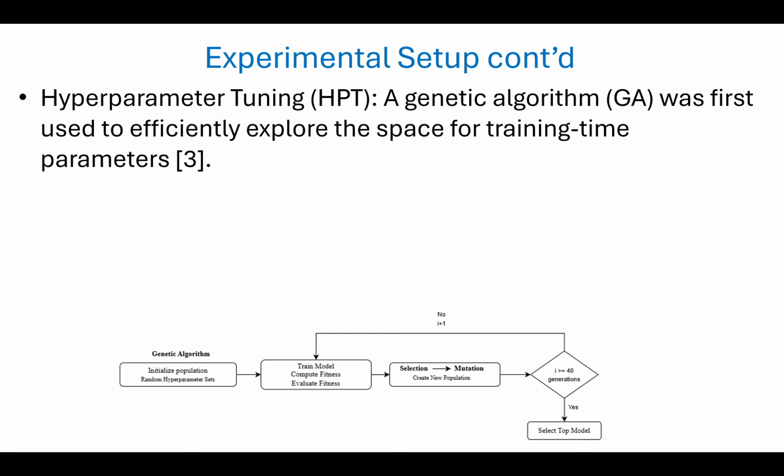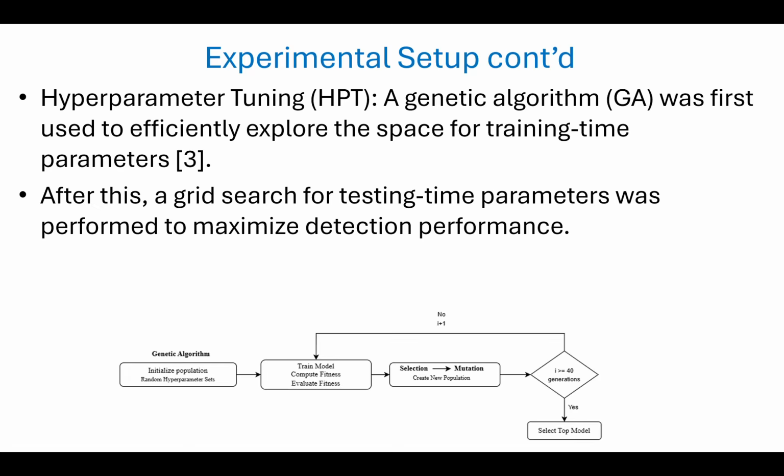The tuning strategy here is intentionally two-stage, and that design choice is important because the first stage uses a genetic algorithm which efficiently explores a large hyperparameter space by evolving candidate solutions over multiple generations. Rather than exhaustively testing every combination, it naturally converges towards high-performing regions of the search space.